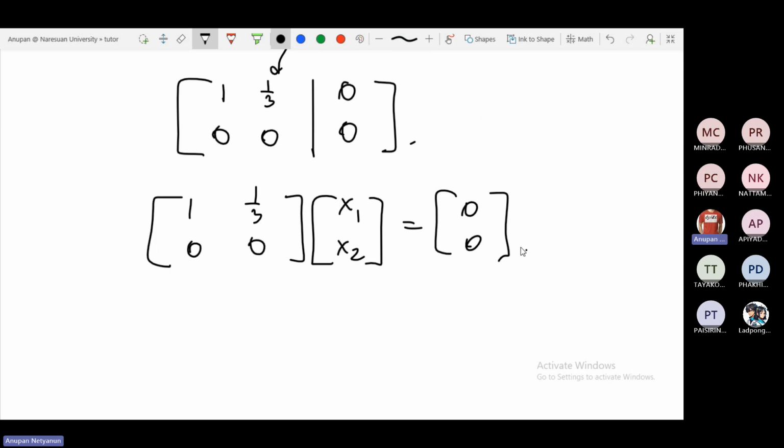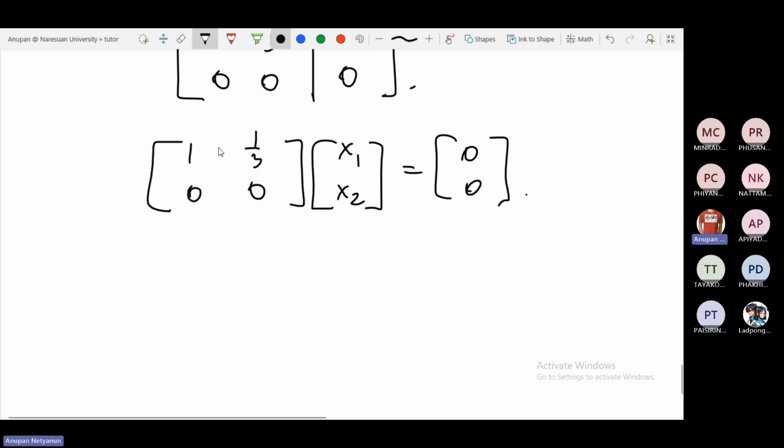When you multiply this matrix together, you get x1 plus 1/3 x2 equals 0, and the second row gives 0 equal to 0.